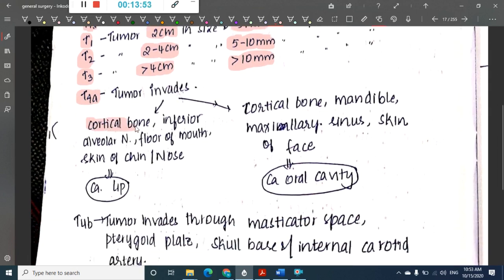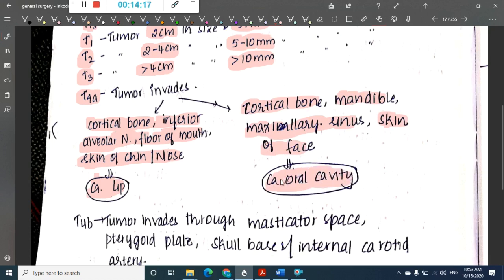If it invades the cortical bone, inferior alveolar nerve, floor of mouth, skin of chin and nose, then we call it carcinoma lip. Okay, if it involves the cortical bone, mandible, maxillary sinus and skin of face, then it is carcinoma oral cavity.